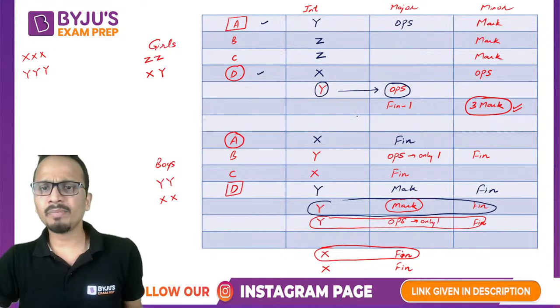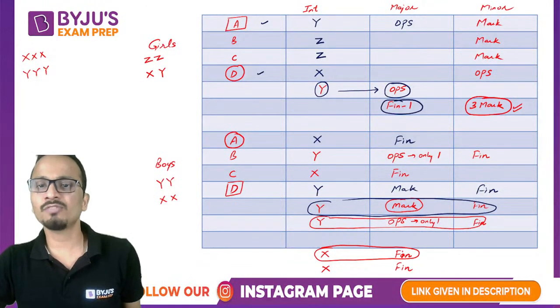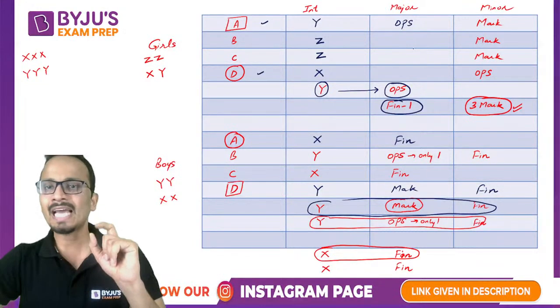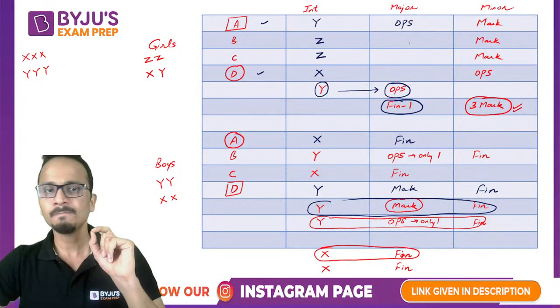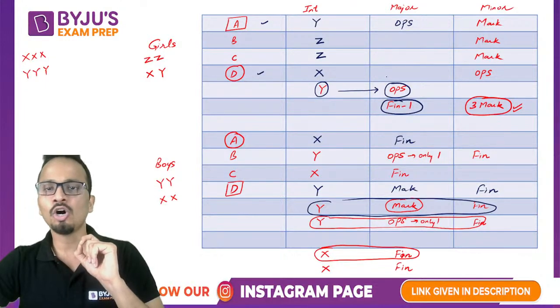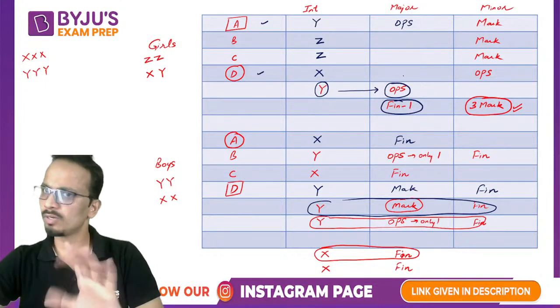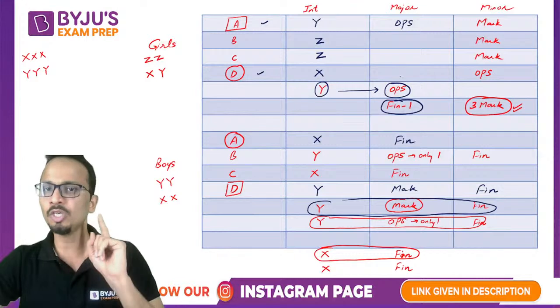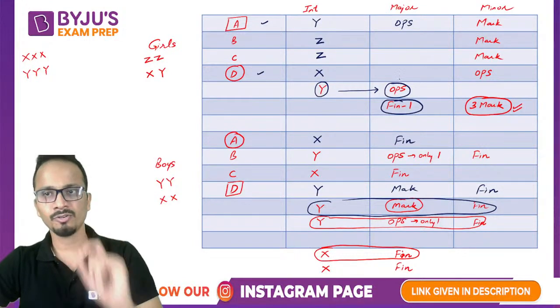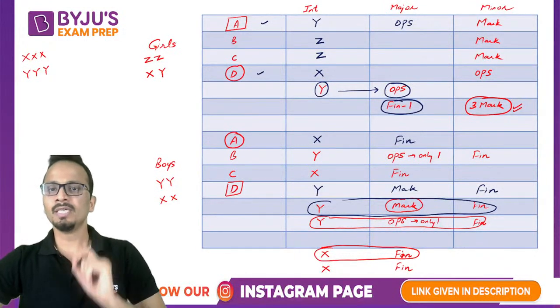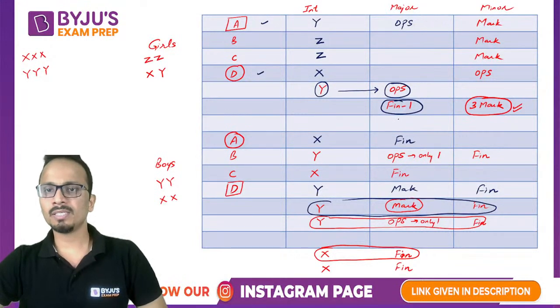Now, what is the piece of information which is left? So this is finance. Finance has to be 1. So it can be either girl B or girl C or girl D. So right now I cannot put it, but there should be only one from finance.